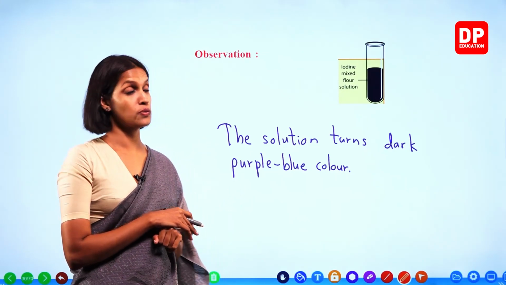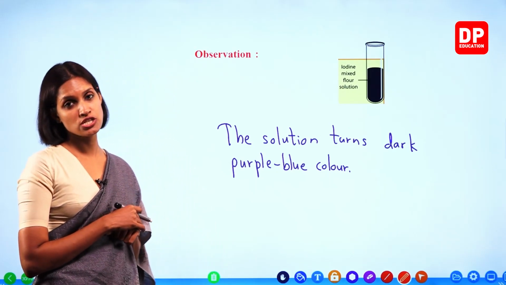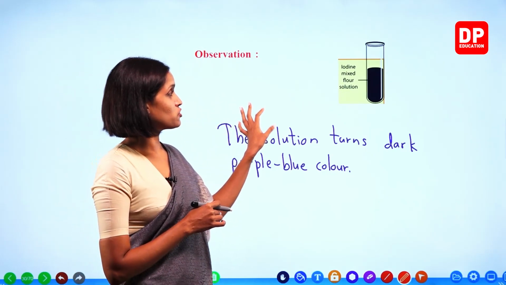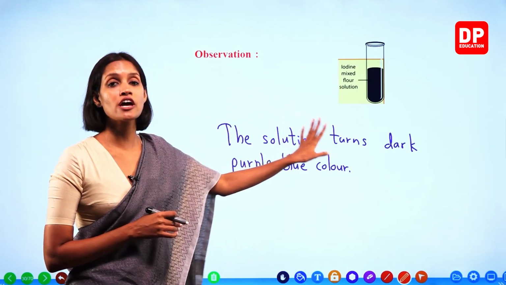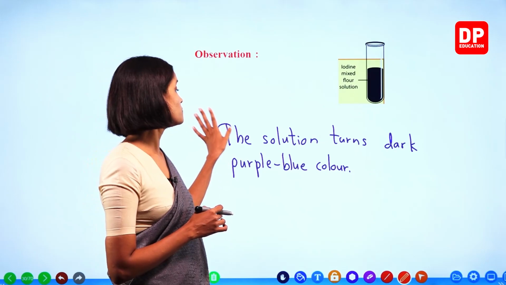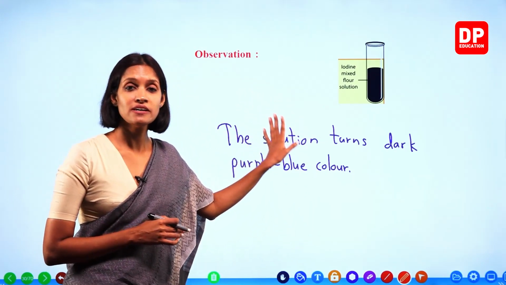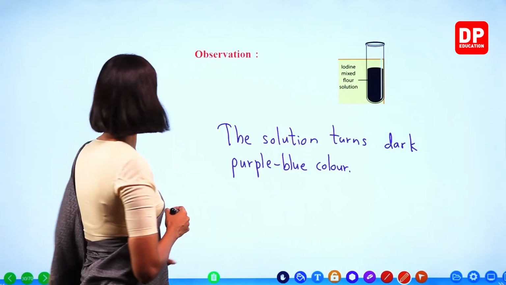Therefore this test can be used to identify starch present in food. Okay, children, when we add a few drops of iodine solution to a starch solution, only with starch does this type of color change take place. So the solution turns dark purple blue color. Therefore, this can be used to identify the starch present in food. We'll move on to the next.